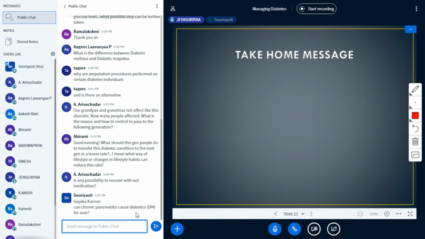Yeah, is there any possibility to recover without medication? As I mentioned earlier, in the case of type 2 diabetes mellitus, prior to it there is a stage called pre-diabetes, as I showed and talked about in the slide presentation, where if proper diet and proper exercise are followed, with more fibers, something like the millets, the foxtail millets, the split gram, thinai and karupu ulundu in Tamil, that's what we call it, right?